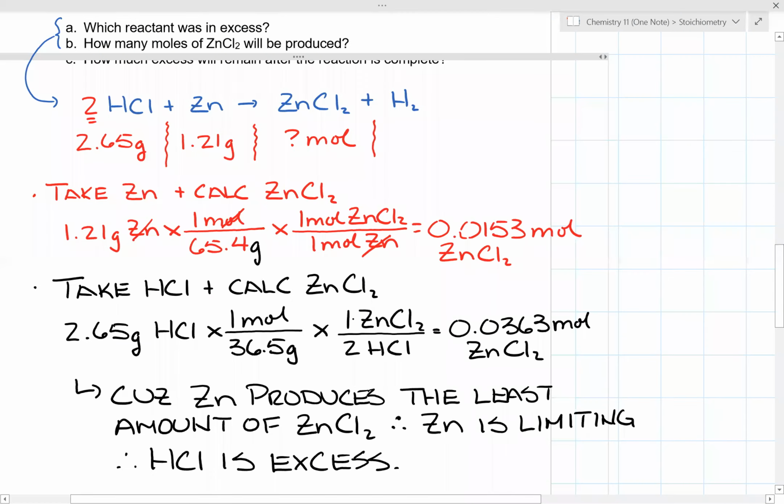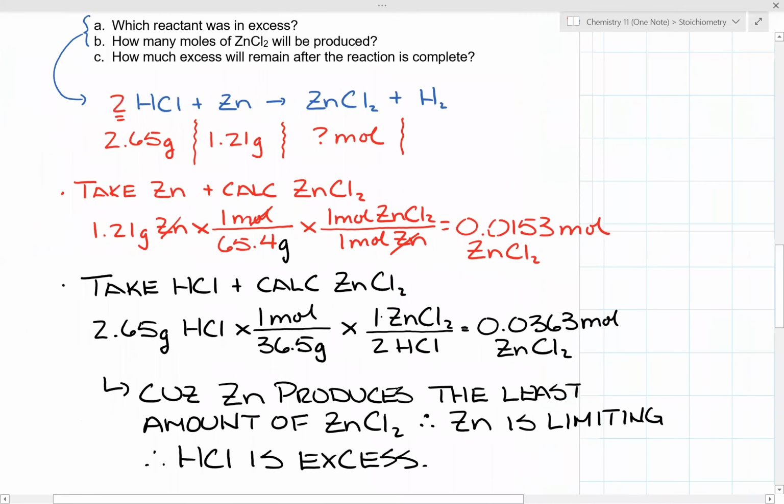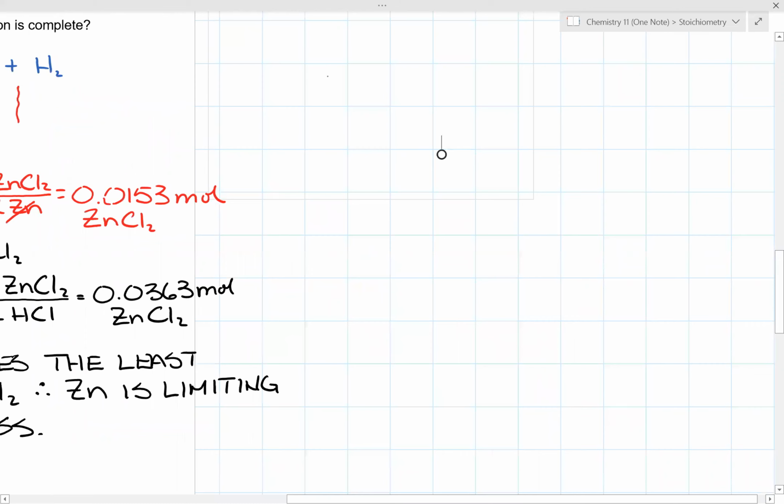So if I were to answer question number C, how much excess would remain?